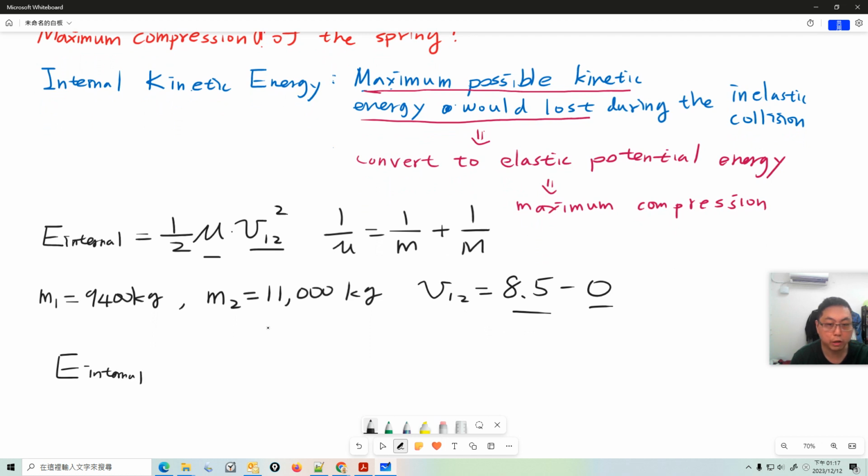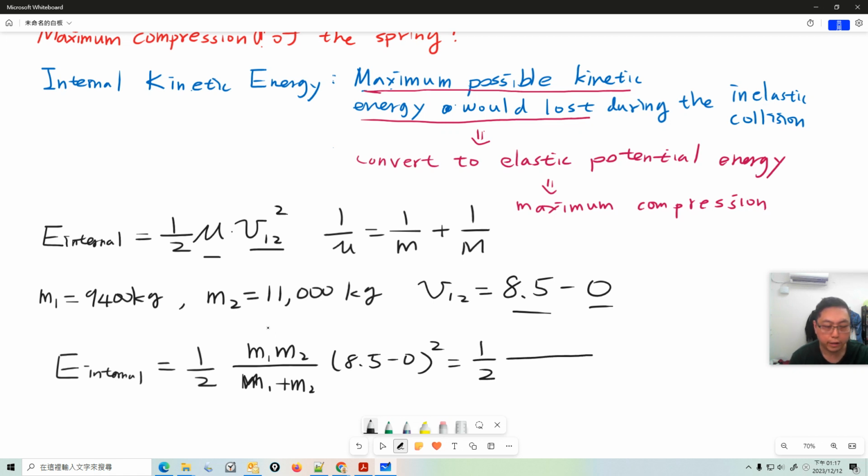So for our internal kinetic energy, you can calculate nu by yourself. It's very easy: M1 M2 divided by M1 plus M2, times 8.5 minus 0 squared.